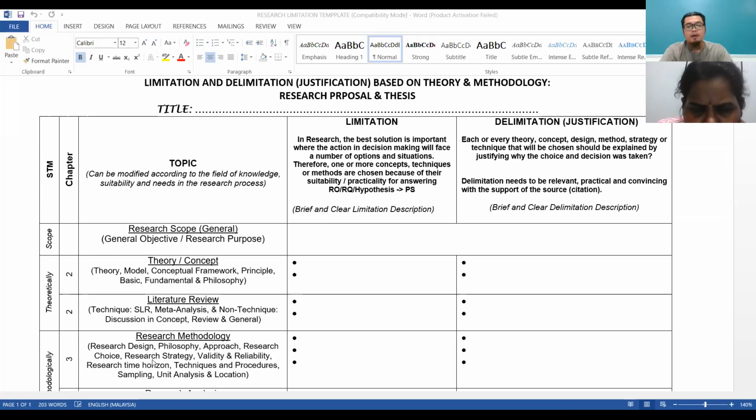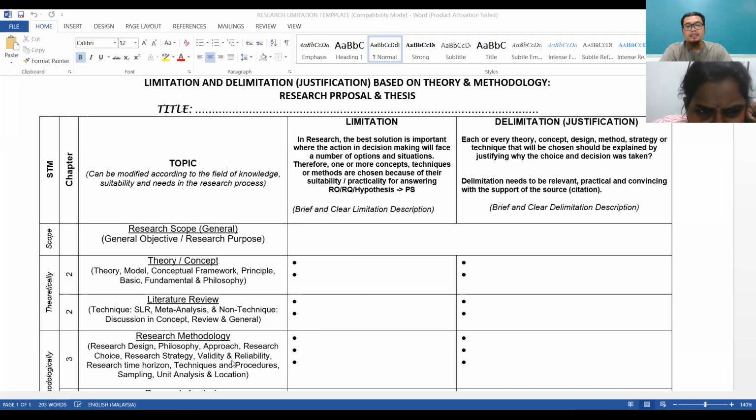We have many types of research strategy, such as survey, experiment, grounded theory, phenomenology, action research, case study, narrative inquiry, but in your research we have limitations. Regarding validity and reliability also, there are certain things you need to highlight as limitations. Research time horizon: cross-sectional or longitudinal.